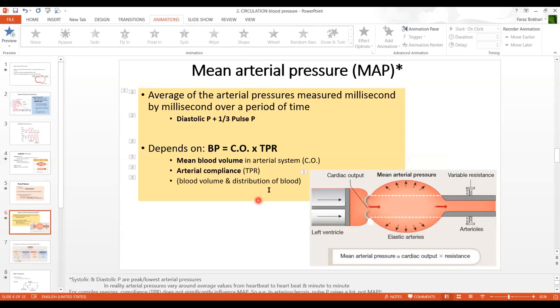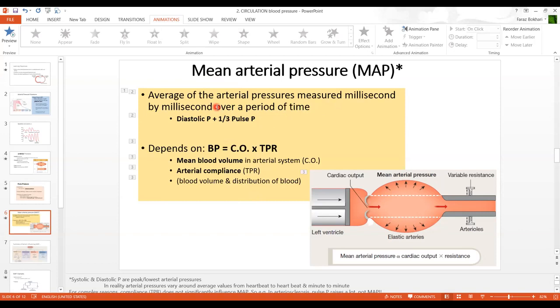Mean arterial pressure. Now, mean arterial pressure is interesting. As I mentioned, the word mean does not mean arithmetic mean. Basically, we are looking at a minute to minute or a millisecond of blood pressure variation, so there's a time component to it.